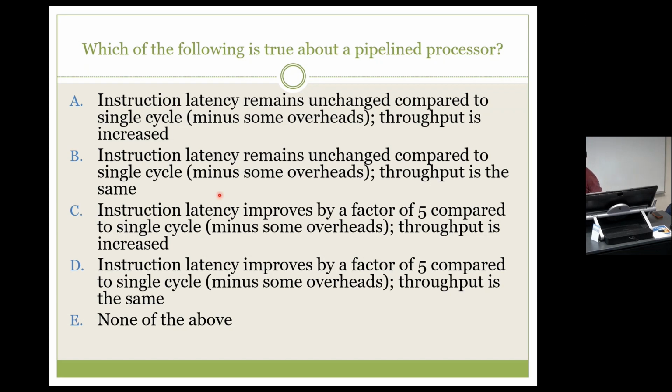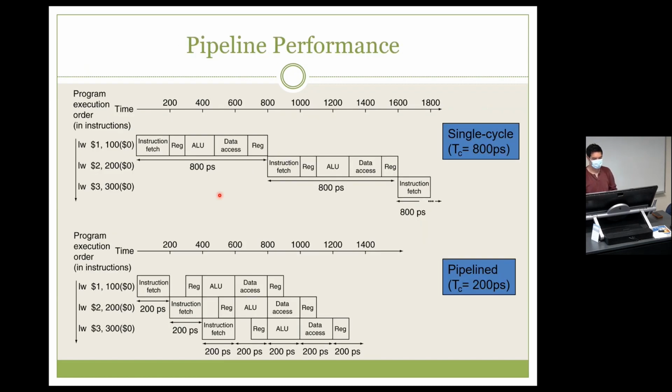So what about these overheads? What are these overheads? Like the fill and the drain and, possibly, stalls if you need it. Yeah, fill, drain, stall, and then one other thing is, what if your stages are not perfectly equal? Right?